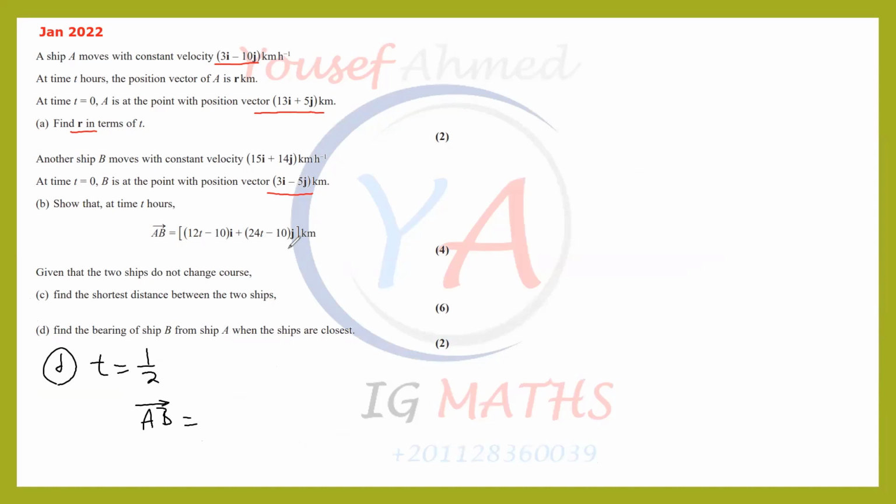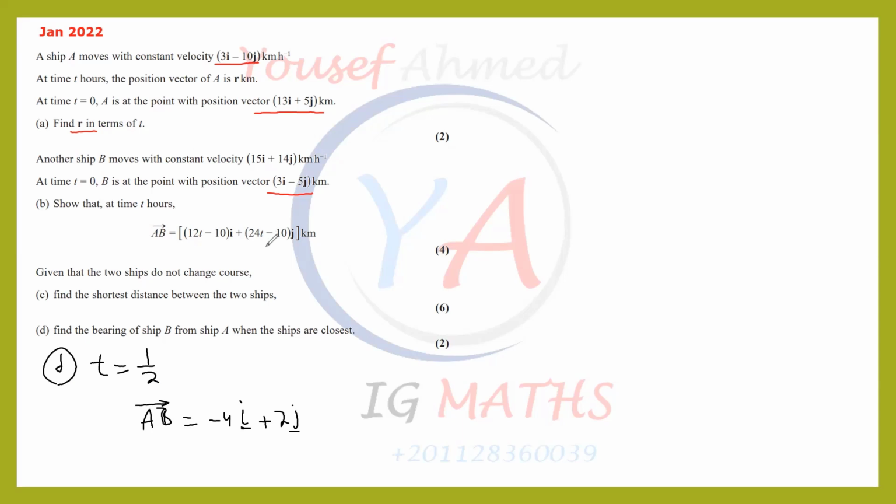So it will be 12 by half, which is 6, 6 minus 10 is negative 4i, added to 24 by half, which is 12, 12 minus 10, which is 2j.